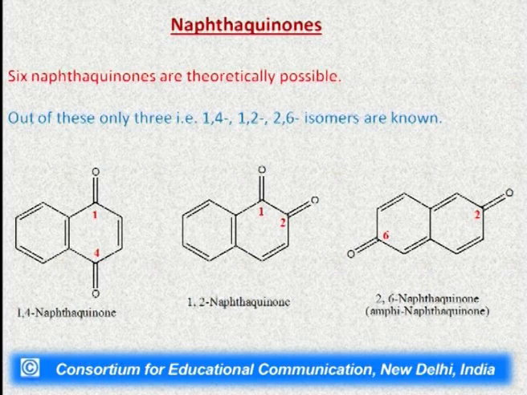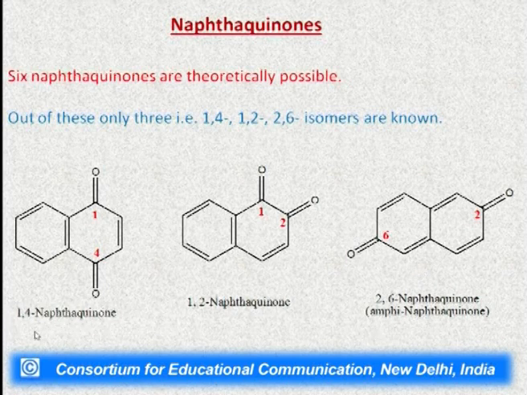Now comes one more important derivative of naphthalene, which is called naphthoquinone. Theoretically, 6 naphthoquinones are possible, but out of these 6, 3 isomers are known which are present naturally.